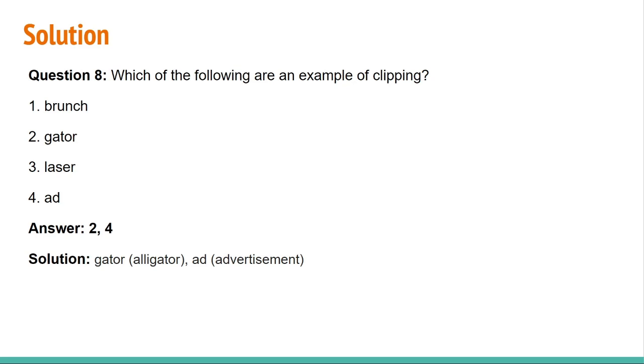An example of back clipping would be gym. So we say gym as a clipped form of gymnasium. That is an example of back clipping, where the back part of the original word has been clipped. In gymnasium, nasium has been clipped, and we now only have gym.